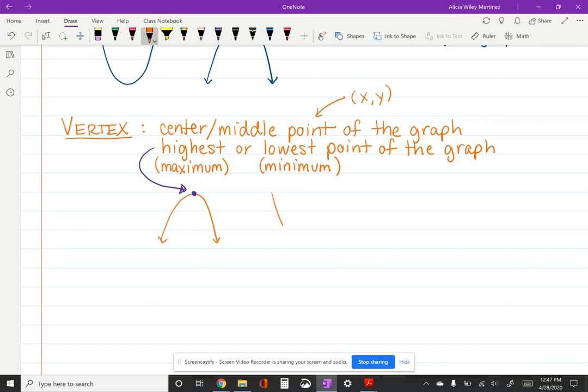If your parabola faces up like this, your vertex is going to be the lowest or the minimum point of the graph. Okay? A vertex is something that whenever you graph a parabola, you must have it as part of your graph.